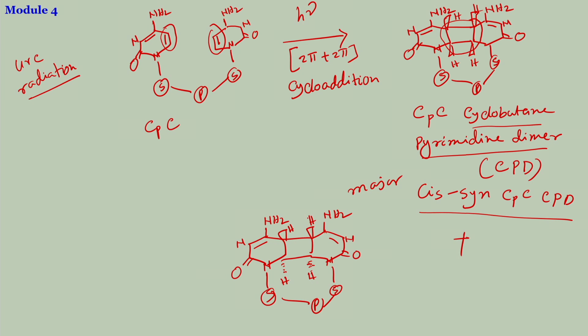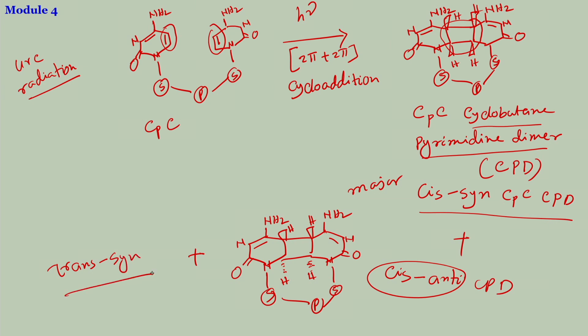So, this is cis and anti, cis anti CPD, plus this can be trans and syn, trans and syn. Trans and syn configuration would be something like this.